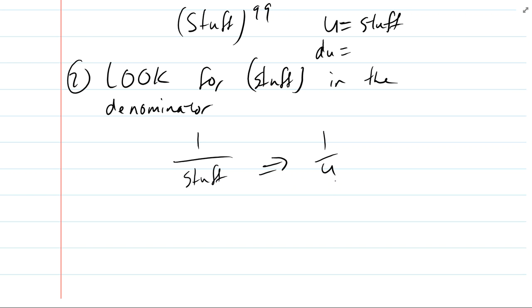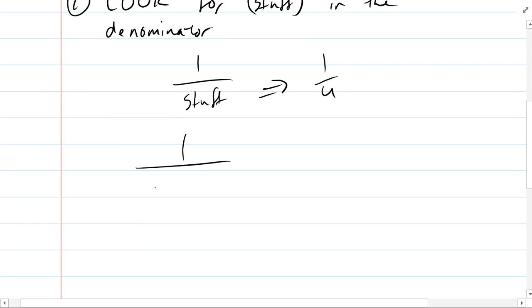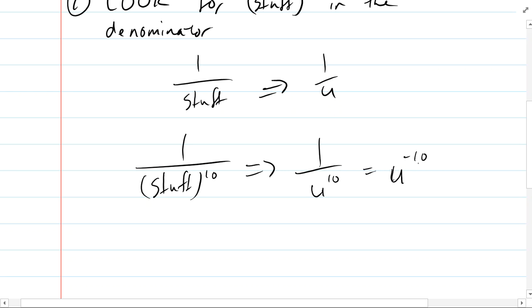But what if it's stuff raised to a power in the denominator? Then it's just a negative power, right? So if I have 1 over stuff to the 10th power, that becomes 1 over u to the 10th, and that is going to equal u to the negative 10. Is that just a power rule? Go back to part 1. You see that now? You see how I can play these games?